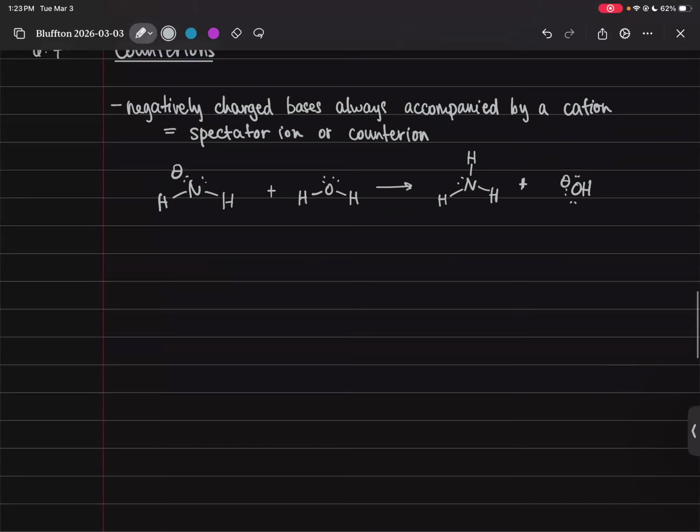But what this reaction actually looks like, if we were to draw it out in more of a Gen Chem style format, would be like this.